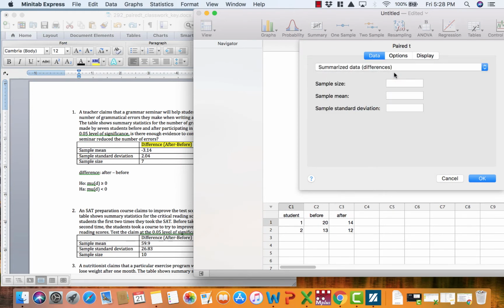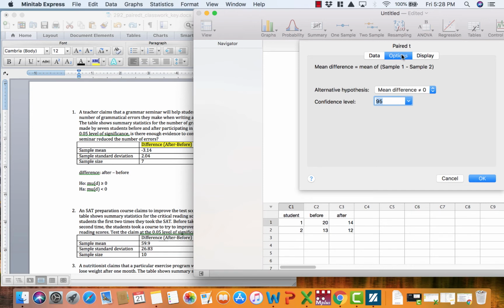We have summarized data. Our sample size is 7. Our sample mean is negative 3.14. Our standard deviation is 2.04. We go under options. Again, we have to pay attention to how Minitab defines the difference when we have data.